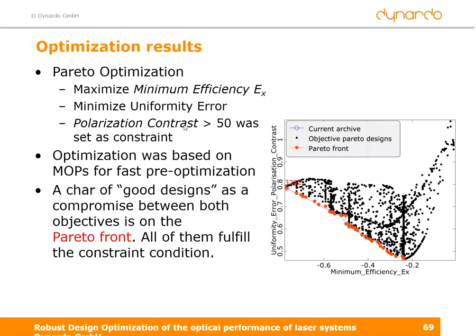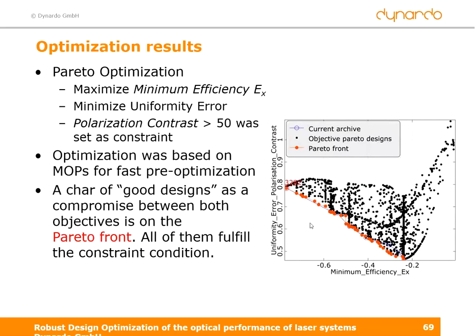At the same time, the polarization contrast should be higher than 50, and this was set as a constraint. As I said, we used the Metamodel as a fast pre-optimization, and we got a set of good designs, as you can see here. So we actually have the Pareto front in red here.